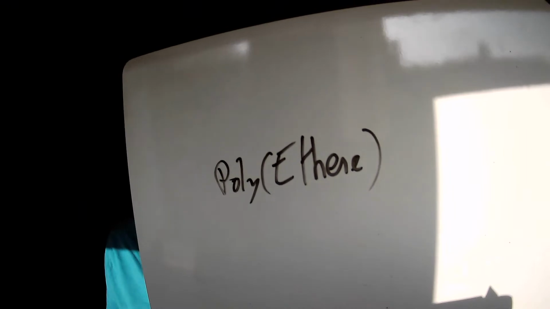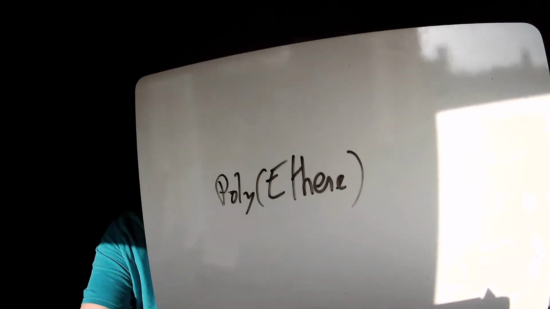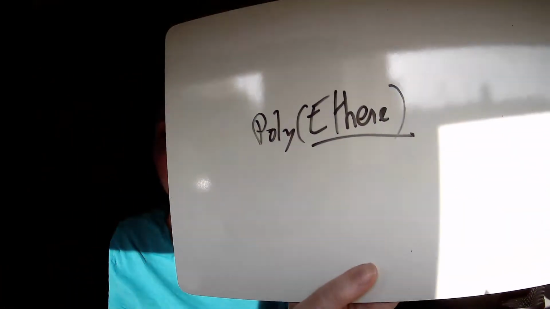It's that simple. If they've told you it's polyethene and they want the monomer, then literally just write down the bit that doesn't have poly. So whatever is left over that doesn't have the word poly in, just copy it and then you'll get it right every time. So to make a polymer, stick poly in front. To get the monomer, take the poly away.